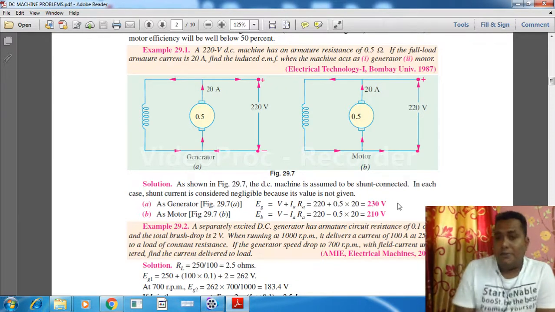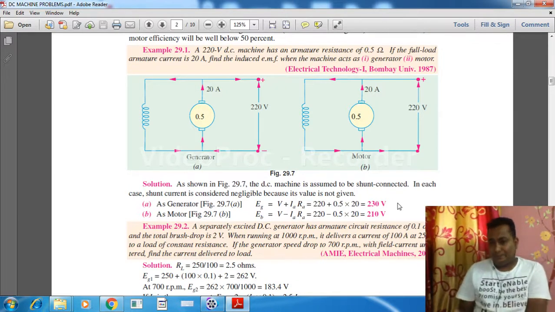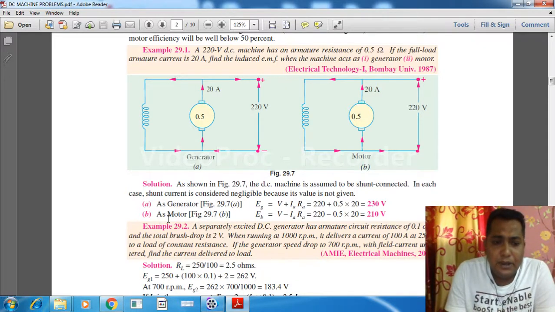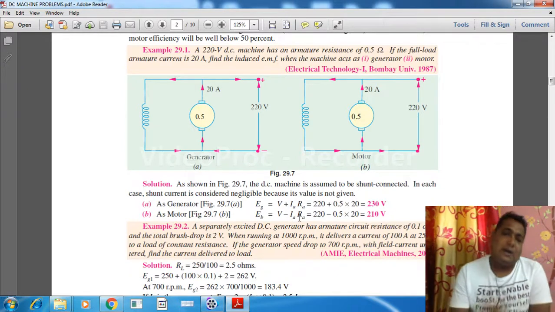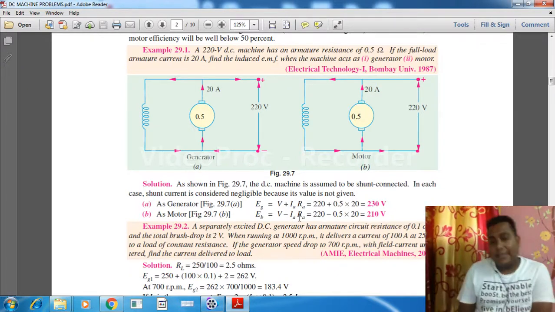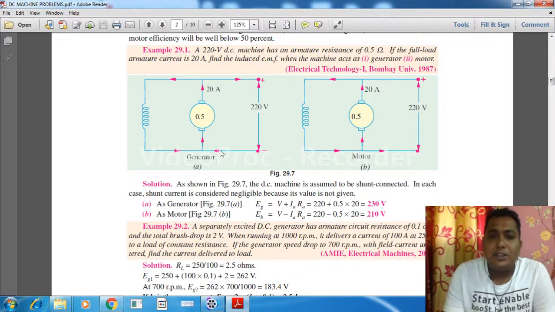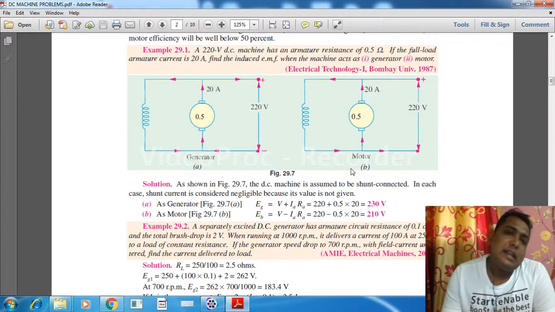And now when we are considering this as a motor, then why? See, when we are considering, follow my pointer, when we are considering this is a motor, the equation has changed. Why? Because in case of generator we are considering the output terminal is the armature.